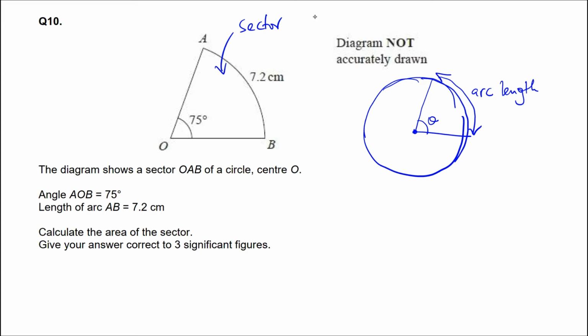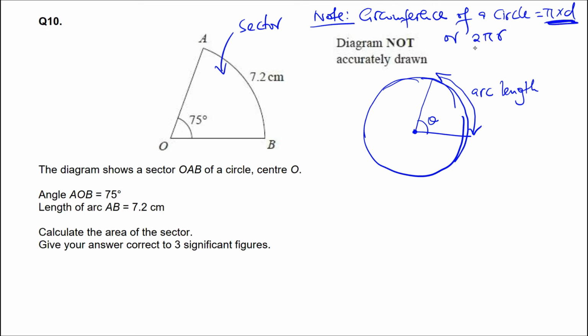And we know that the circumference of a full circle is equal to pi times diameter, or 2 pi r, because the diameter is twice the radius.